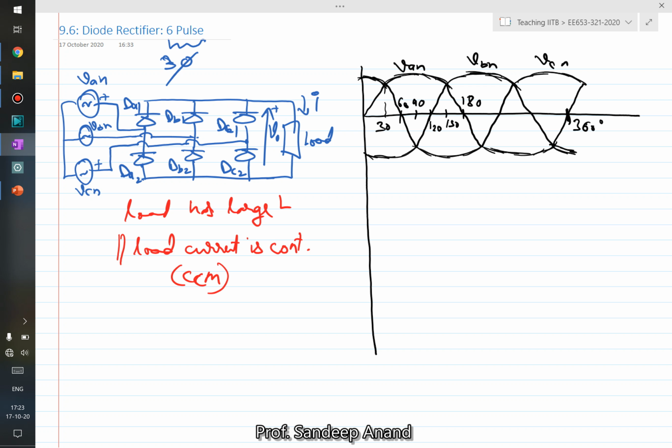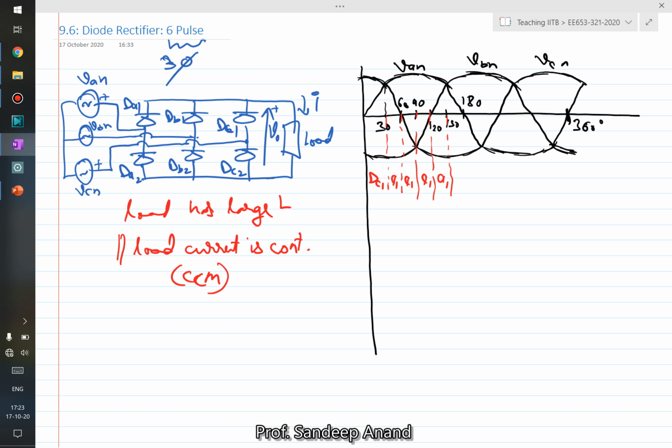Again, the one which has the highest anode potential will conduct. So you can see that between 0 to 30 degrees, it will be DC1, right? And between 30 degrees and the remaining part, 30 to 60, 60 to 90, 90 to 120, it will be A1, because VAN has the highest potential, and again it will be A1, right?